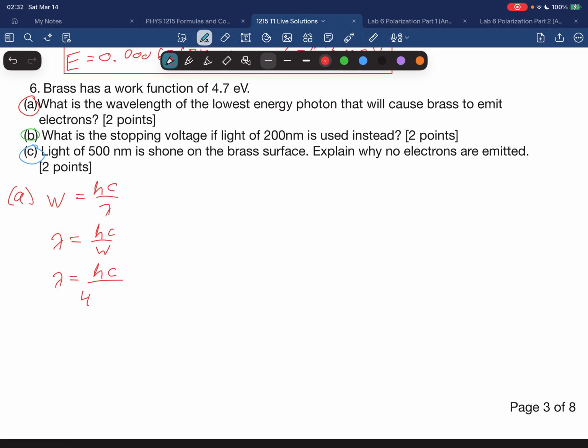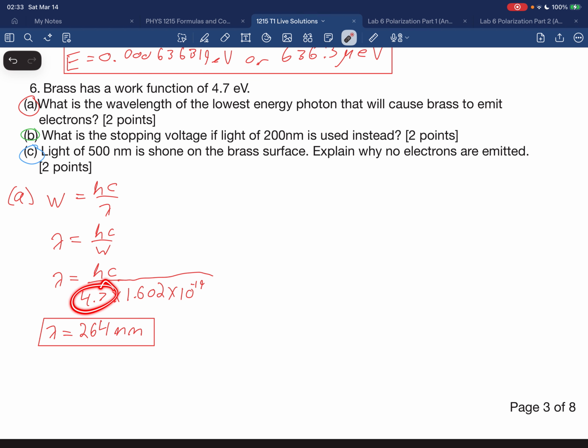hc over 4.7. Now, I am doing this one without using my handy little constant from the question before, just to show anybody who does prefer to do it this way a good example. So here I have taken my 4.7 electron volts in the denominator and multiplied by our little converting factor to convert that to joules.